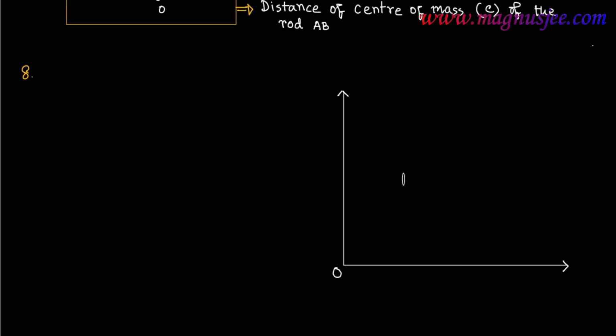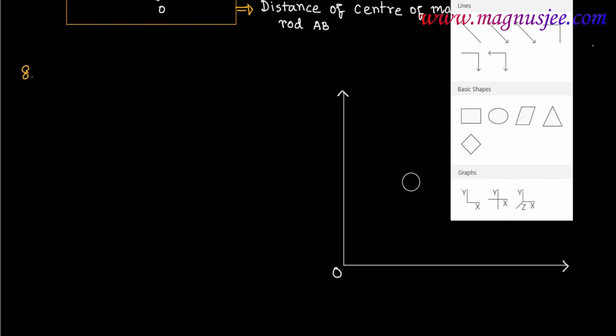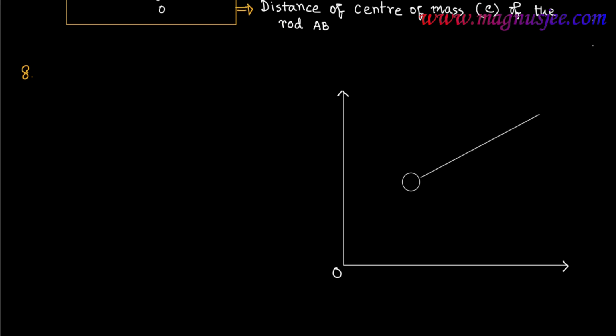Number 8 topic, we have a system of two particles of masses m1 and m2. These are the two particles of masses m1 and m2 at the points A and B. A and B are the two points at which two bodies having masses m1 and m2 are placed.